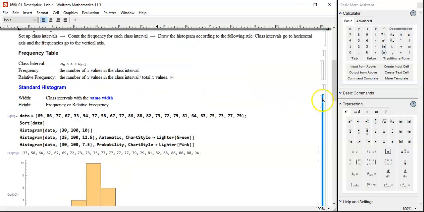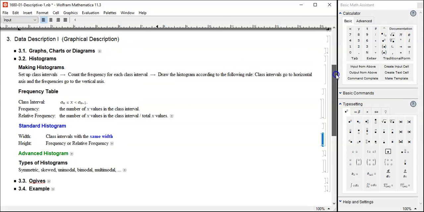That's standard. Now, in some cases, you are forced to deal with different class interval widths. If you have a choice, then you wouldn't do this. If you can choose your class intervals, then you'd select the same width so that you don't have to do this advanced histogram thingy.